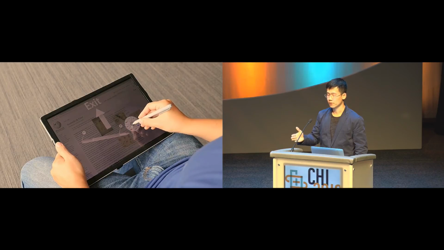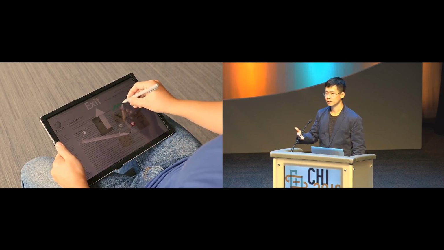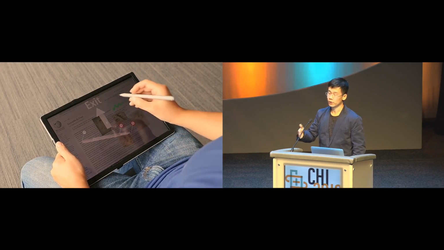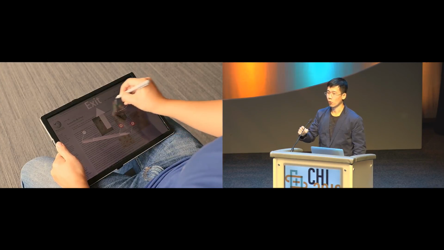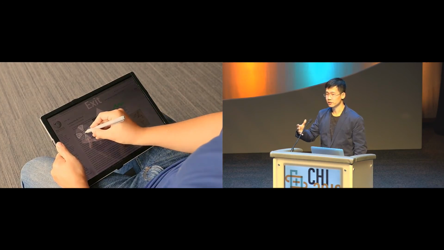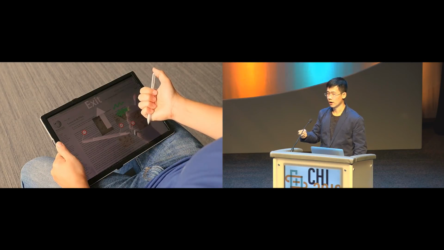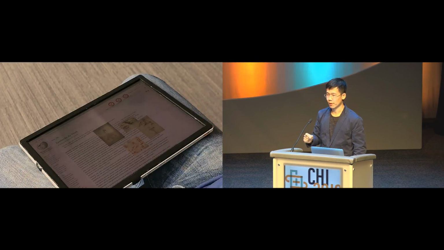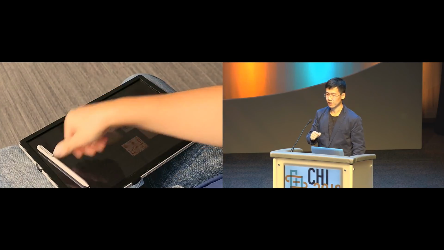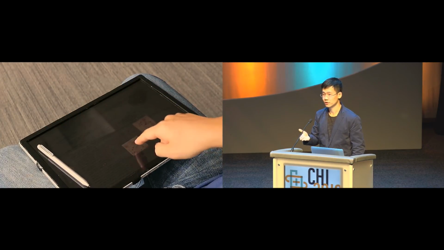That's why we made a lot of refinements in these projects to make the UI more predictable, matching what users would mentally expect. More details are in the paper, so please refer to that if you are interested.